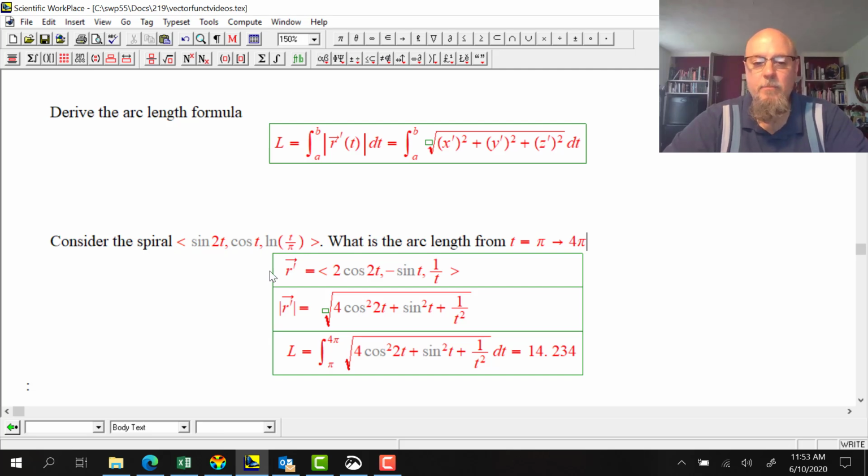So that's going to be the point 0, minus 1, 0, and going to the point 0, minus 1, ln of 4. It's 14 long. Let's see what this looks like actually.